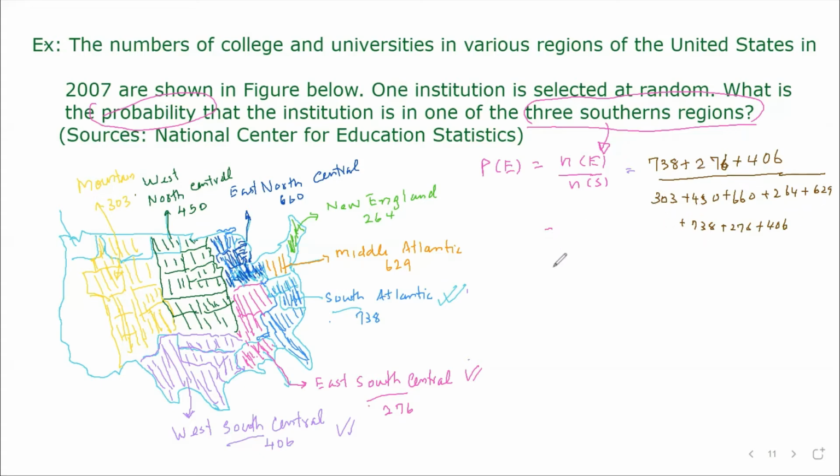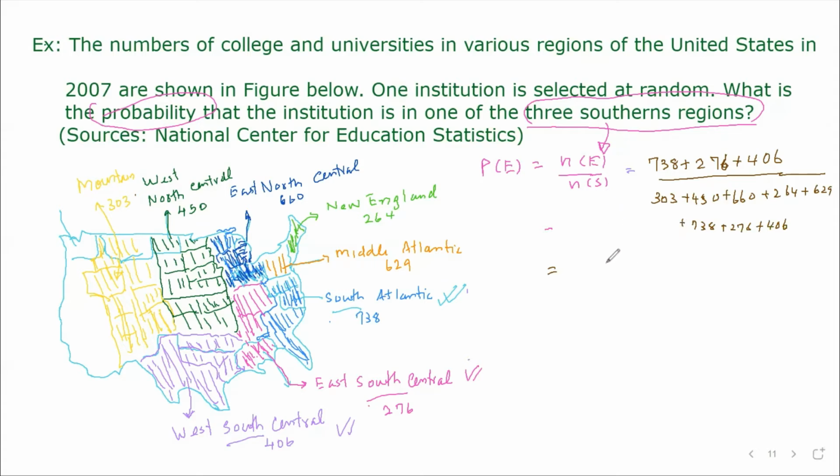And then you just sum the top. What is it going to be? Okay, so 738 plus 276. Maybe I'll let you do this one, right? Because I'm just telling you how to do the steps. Okay, just finish 738 plus 276 plus 406.